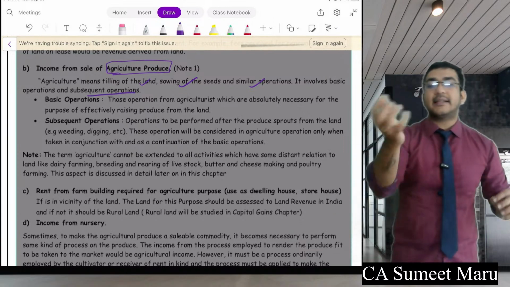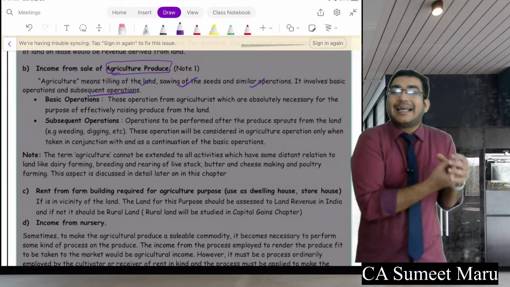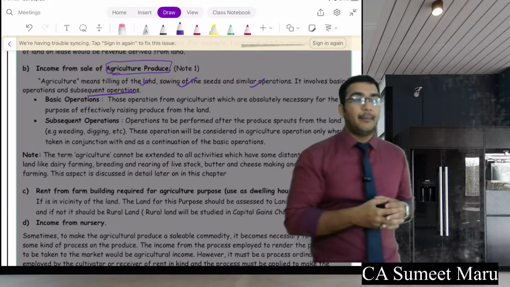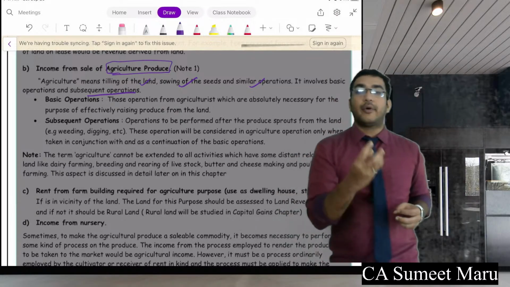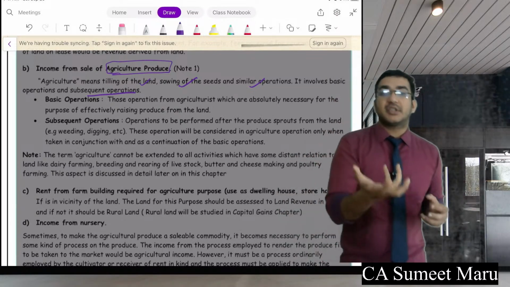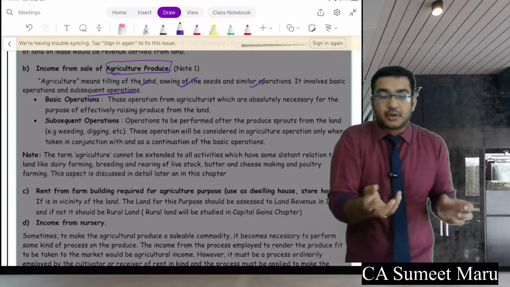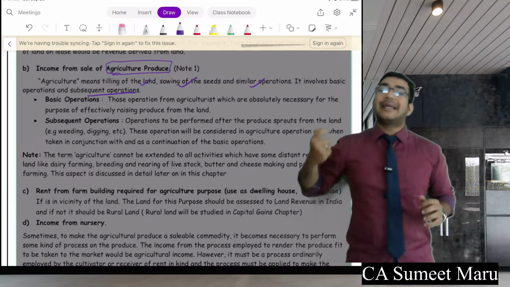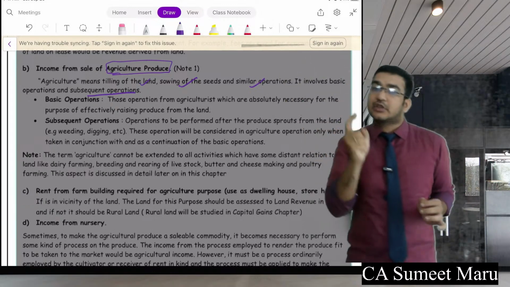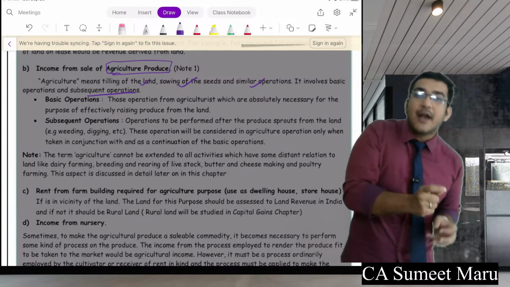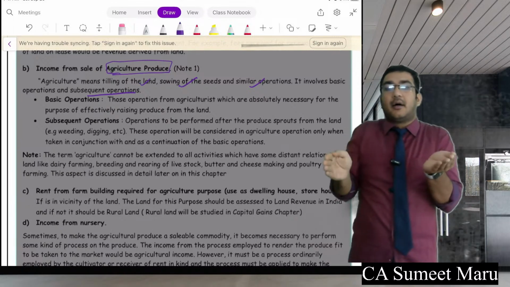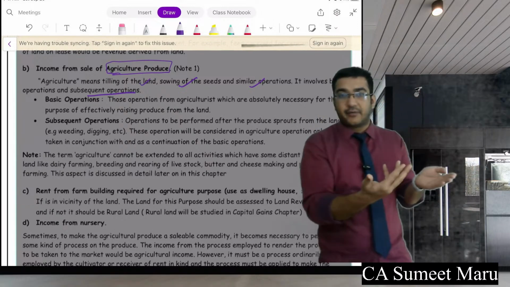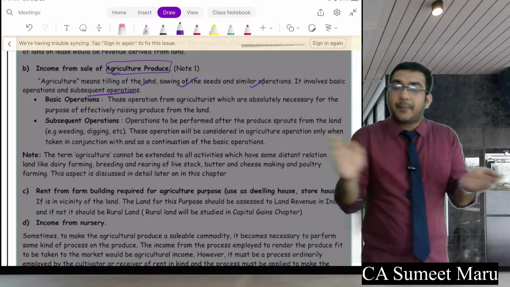Whenever you produce any agricultural thing, for example growing jowar or bajra, growing it is itself a basic operation, but you have to further refine it, clean it to make it sellable in your primary market. Such operation which is required to make your produce eligible to sell in a primary market is fine. Primary market means the grains market and every market.